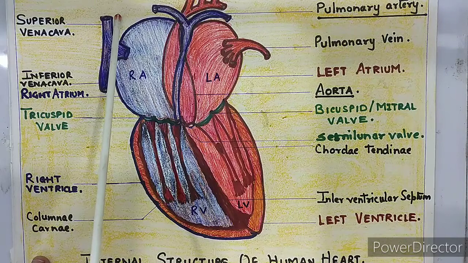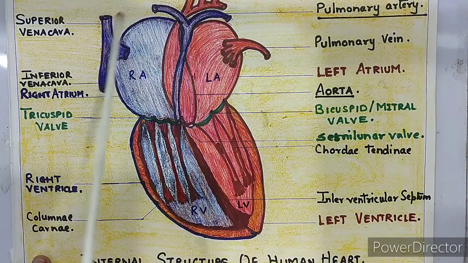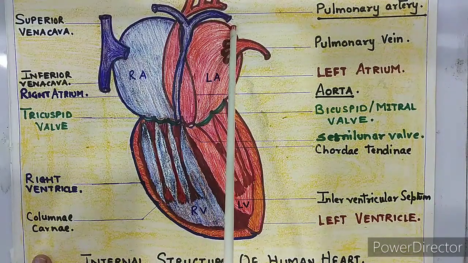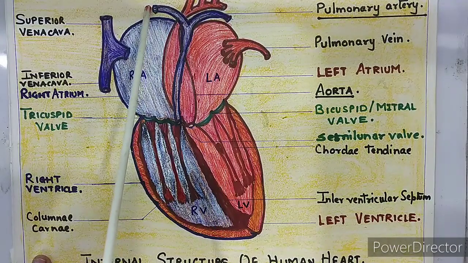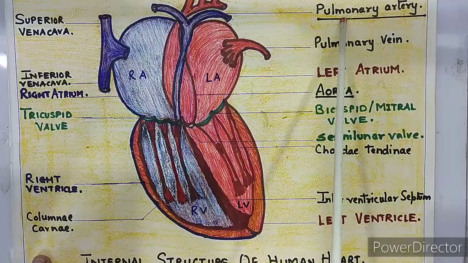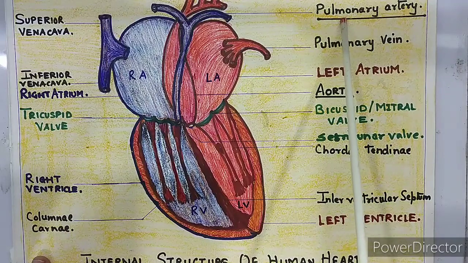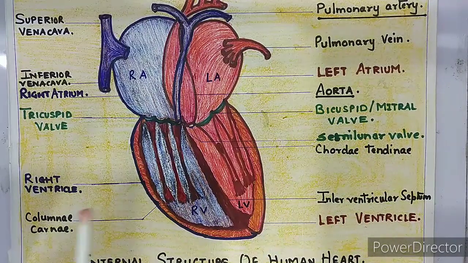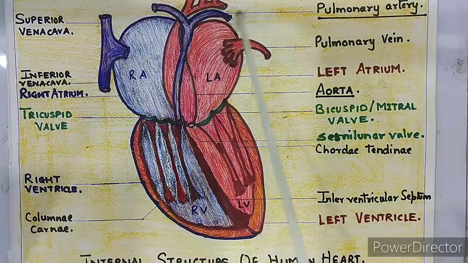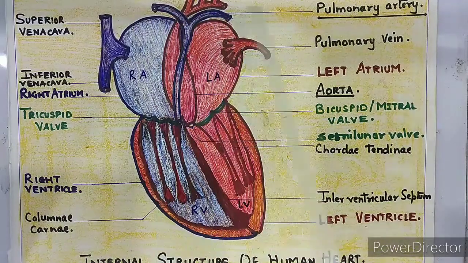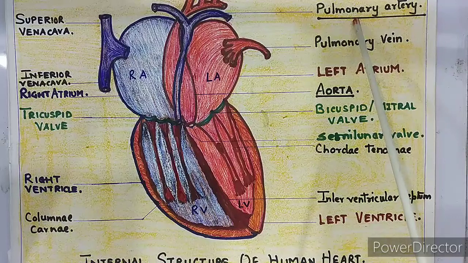So accordingly, you can label them as left pulmonary artery and right pulmonary artery, or together you can label them as pulmonary artery. So don't forget, children, the artery which originates from the right ventricle and carries deoxygenated blood to the lungs is called the pulmonary artery.